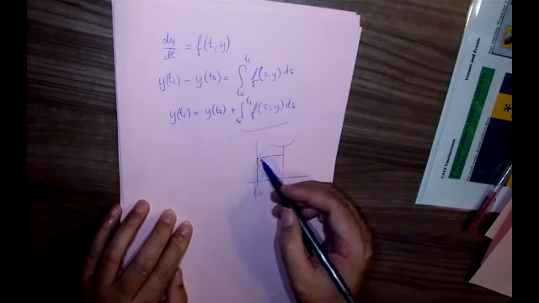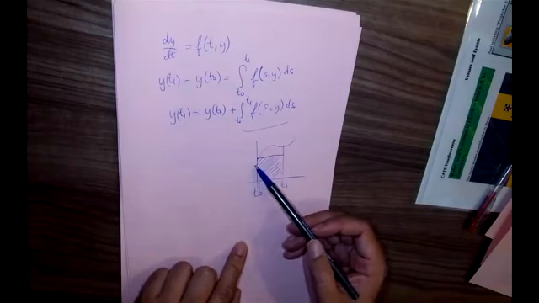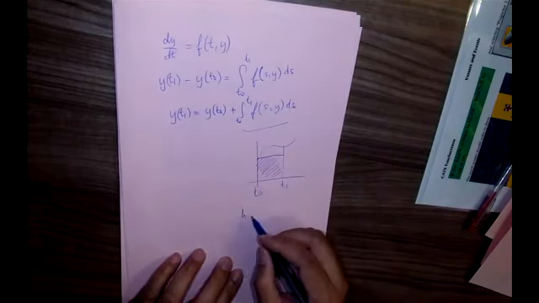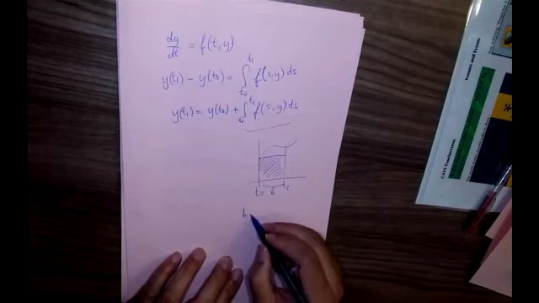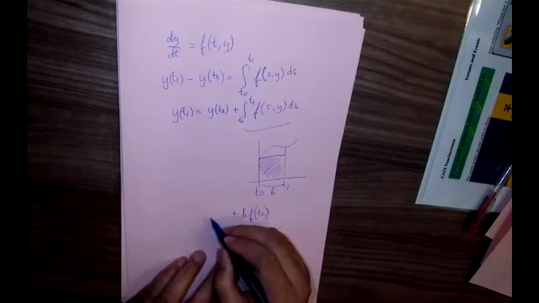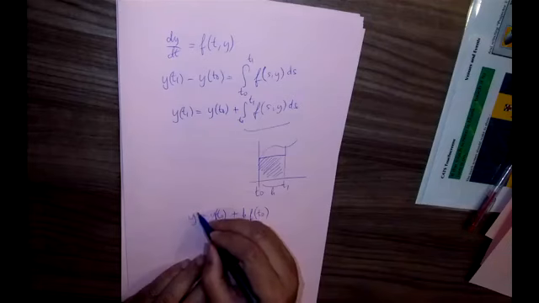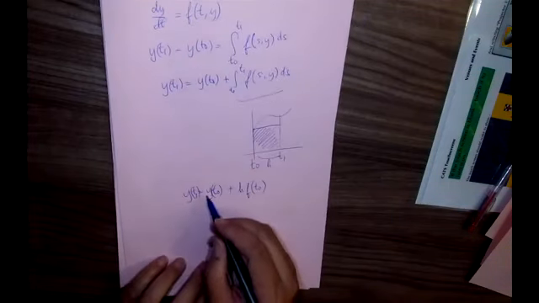Just use the rectangle rule with the left point. Then we approximate this by h, remember from here to here it is just h, times f at t0. So you have something like this.